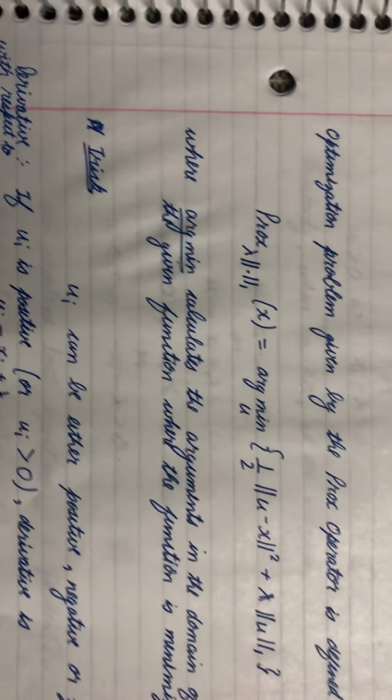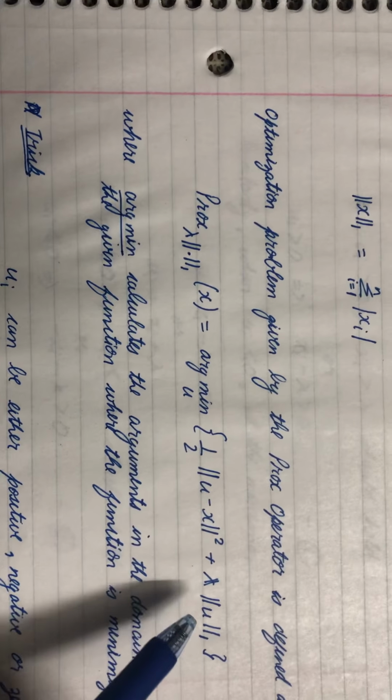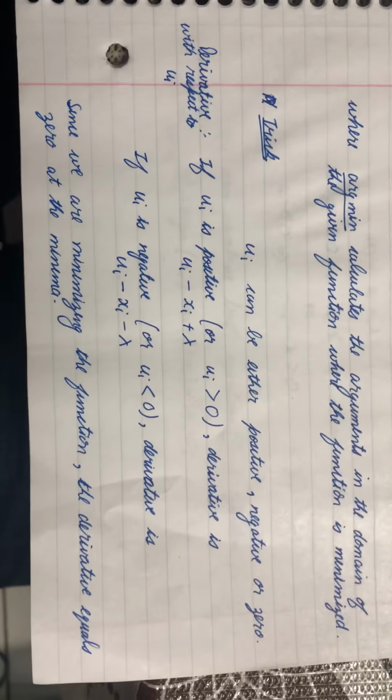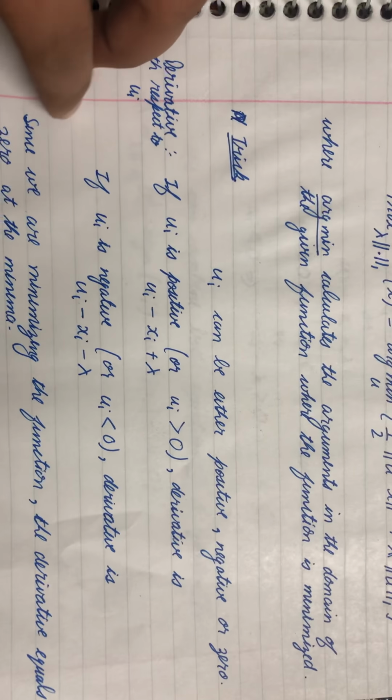For doing that, you just differentiate this equation with respect to u. And since we are minimizing the function, the derivative equals 0 at the minima.